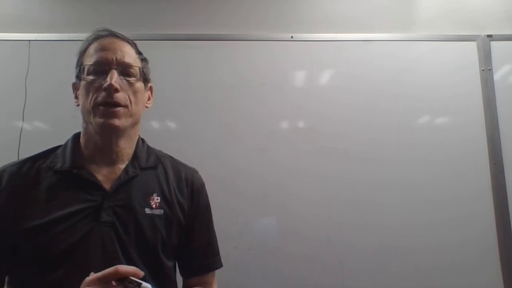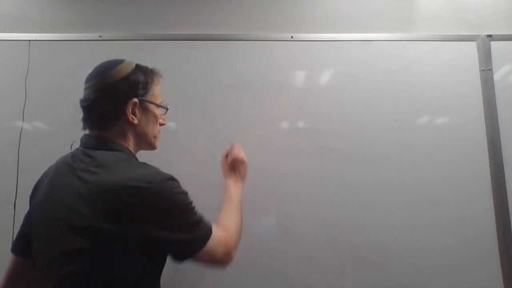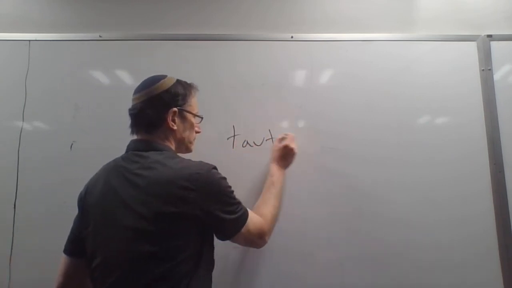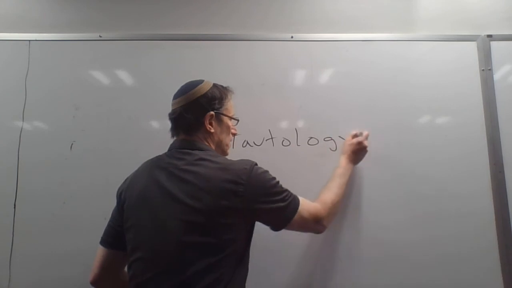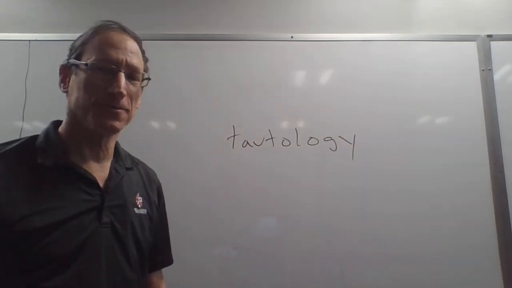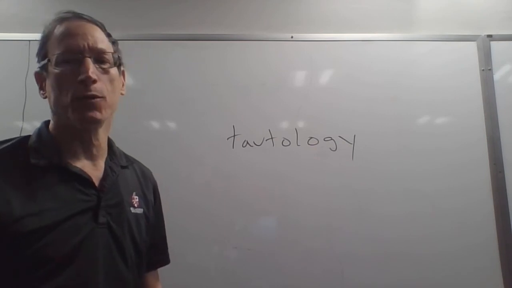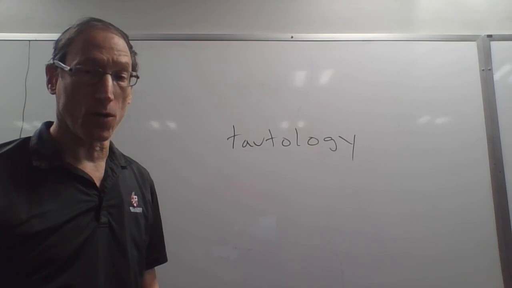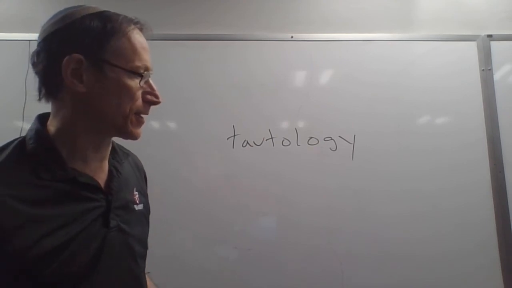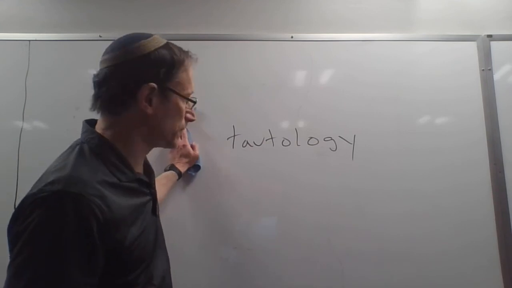Let's start with something that is called a tautology. A tautology is a formula that has to be true. It's a statement that must be true no matter what the values of the components are. That may sound a little surprising, but I'll give you an example of a tautology.